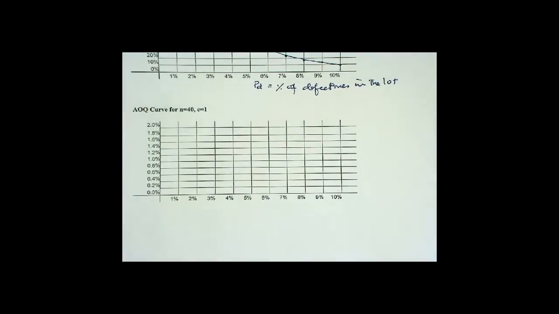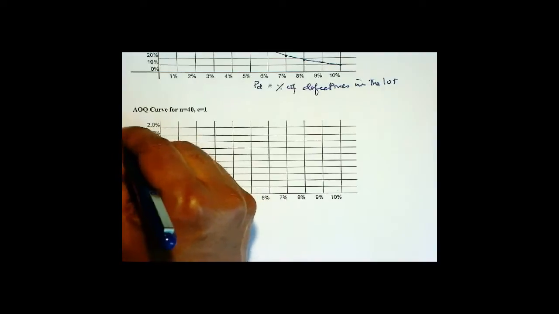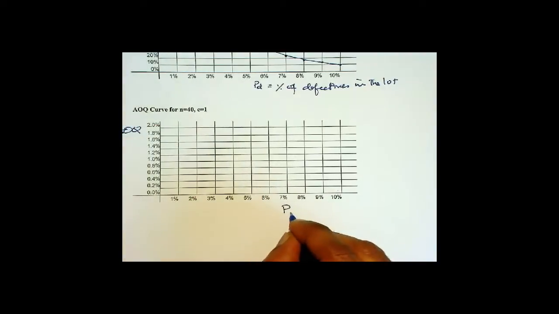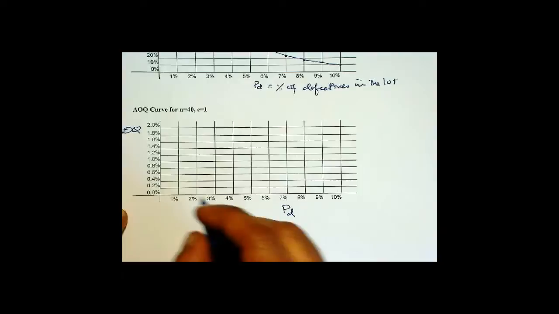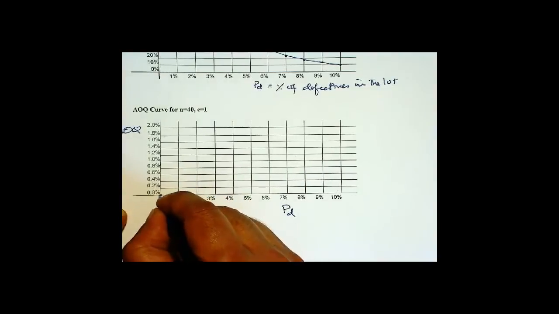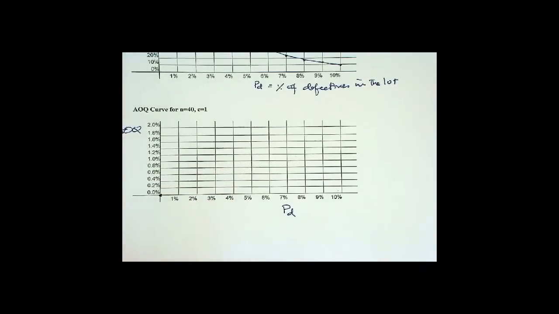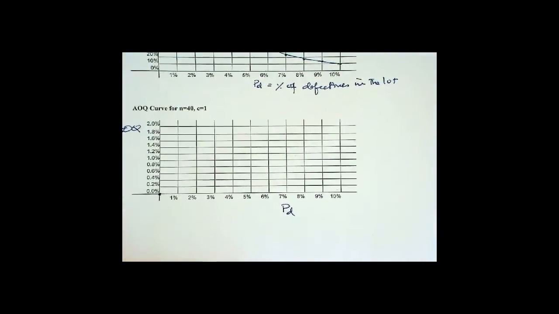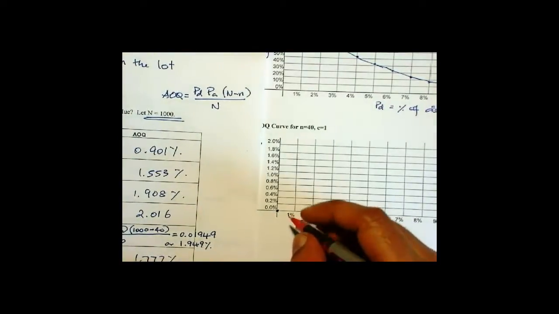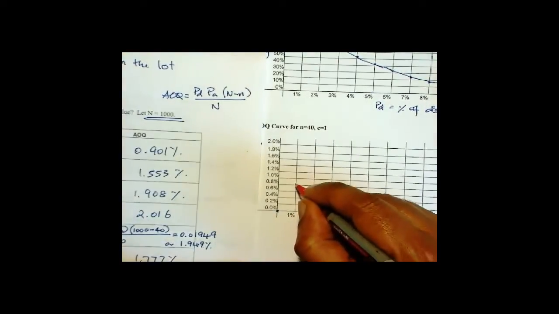Okay, so we're going to plot. This is AOQ, and we have P sub D here, because we start with 0 and 0. Next is for 1%, 0.901. So here we have 0.901.